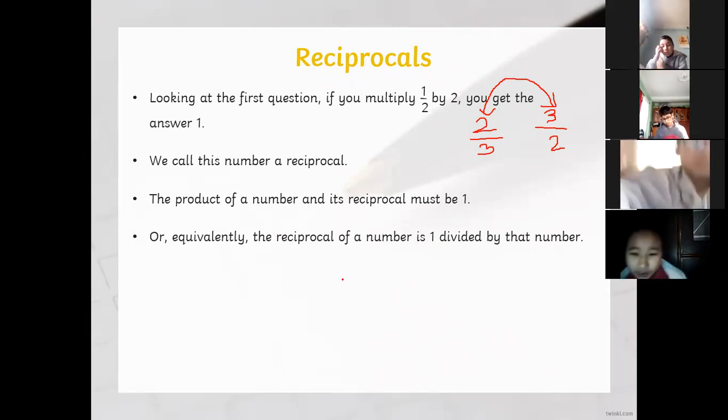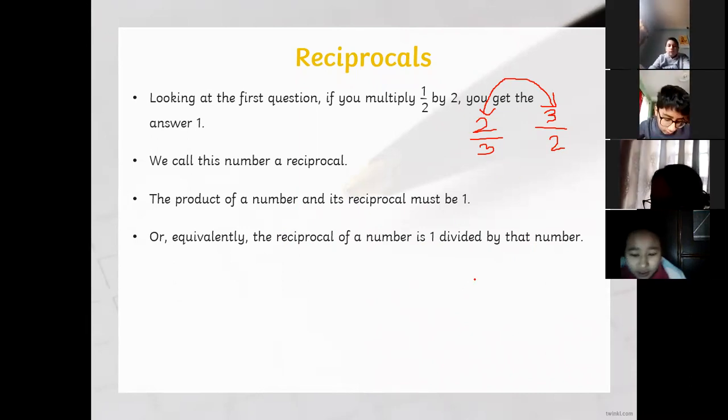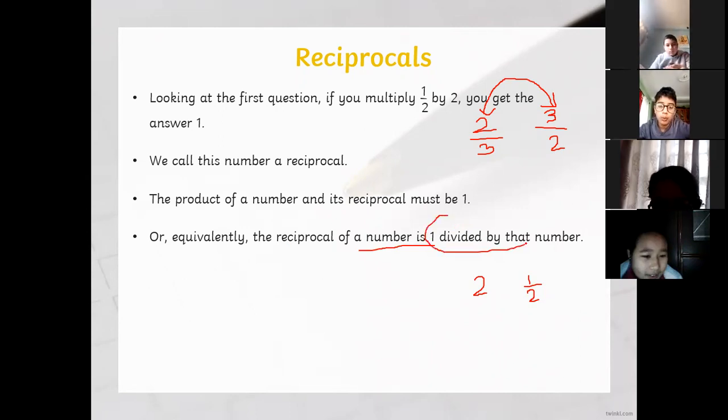That means the reciprocal of this 2 is, if you divide 1 by that 2, 1 by 2. What is the reciprocal of a whole number? If you divide 1 by that same number, then that we call the reciprocal. Like the reciprocal of 2 is 1 by 2.